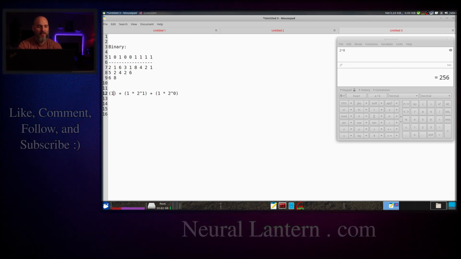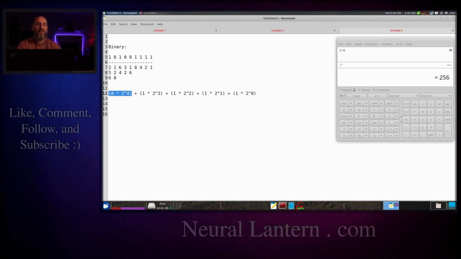I got to try to remember that. This is where I'm going to start making lots and lots of typos. 2 to the second power, and then we have another 1, 1 times 2 to the third power, and then again we are going to hit a 0, so it's going to be 0 times 2 to the something power.